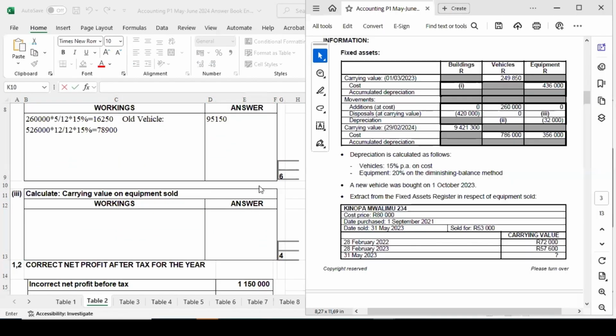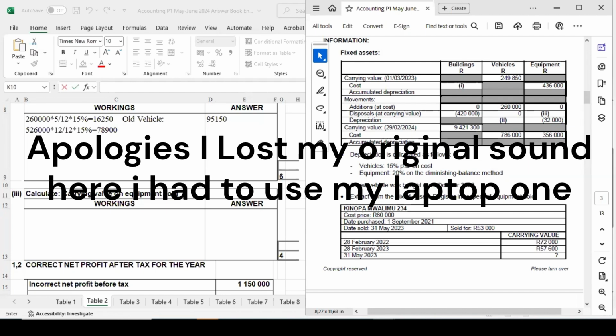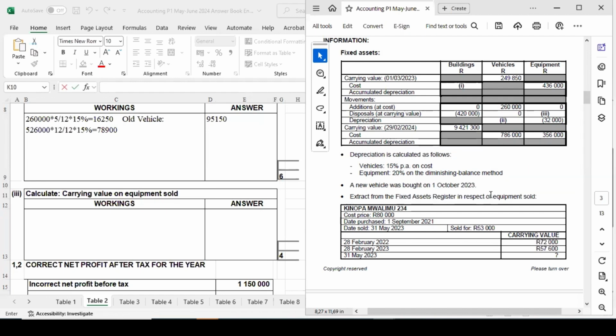95,150. So to calculate the carrying value, which is the disposal at carrying value for equipment, we are going to use this information that we were given. Extract from the fixed asset register in respect of equipment sold. So we have an equipment that had a cost price of 80,000 rand, bought on 1 September 2021. So at the end of the financial year 2023, the equipment had 57,600 carrying value.